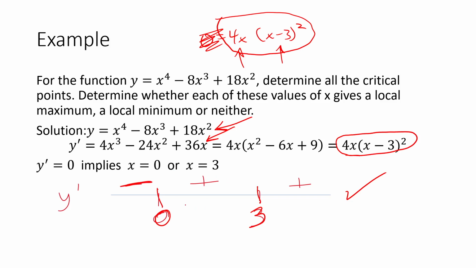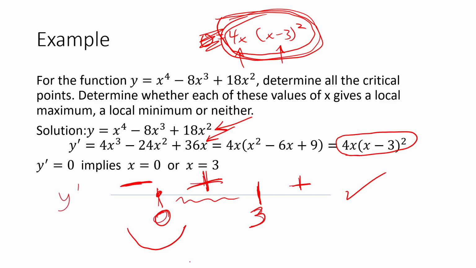If we then choose an x value in between 0 and 3, for instance, let x equal 1, and then we calculate 4x times (x minus 3) squared, we'll get a positive number. And if we pick a number greater than 3 and plug that in for x and evaluate f prime at x, we'll get a positive number here as well. Well, what this means is we have a negative first derivative, a 0 first derivative, and a positive first derivative.